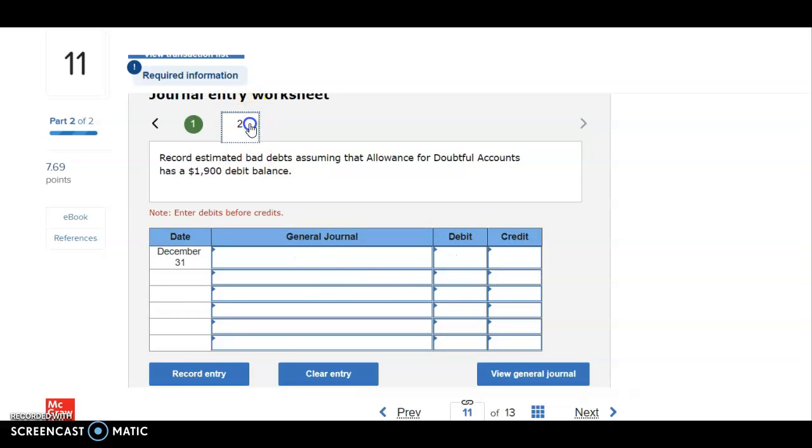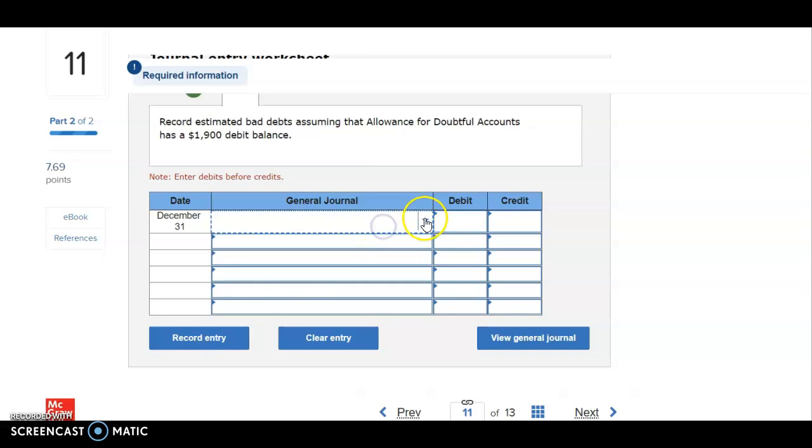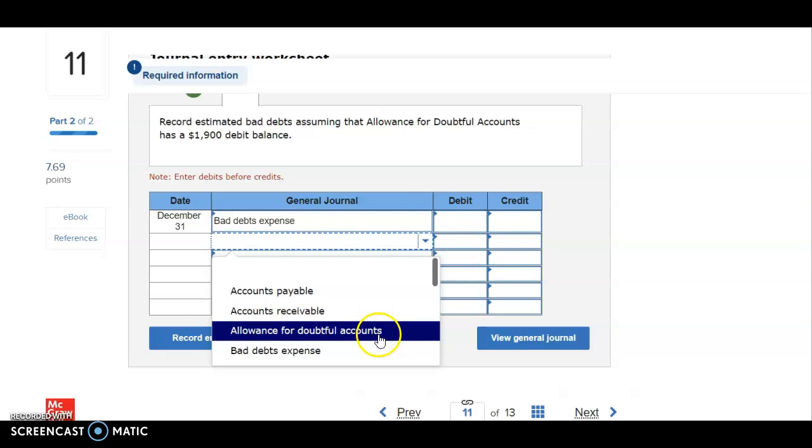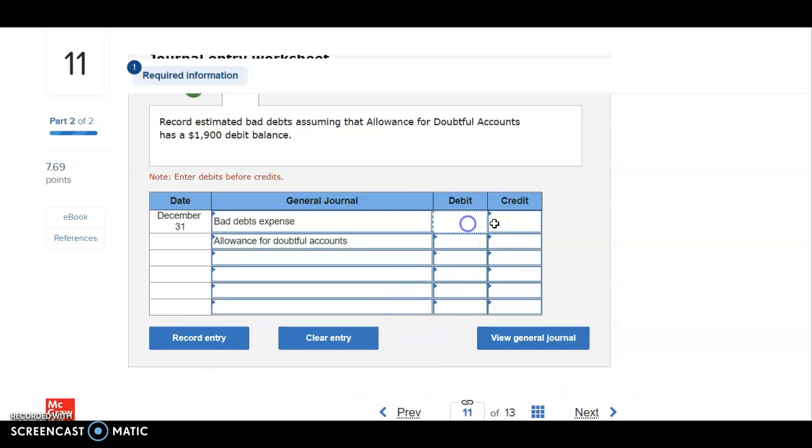And then for our record estimated bad debt, assuming that the allowance account has a $1,900 debit balance. So again, if this is normally a credit account, if we're starting with a debit balance, we're going to need to subtract that from our adjustment to equal our adjusted amount of $36,900.